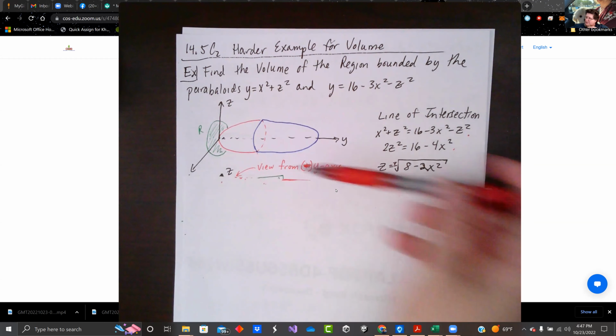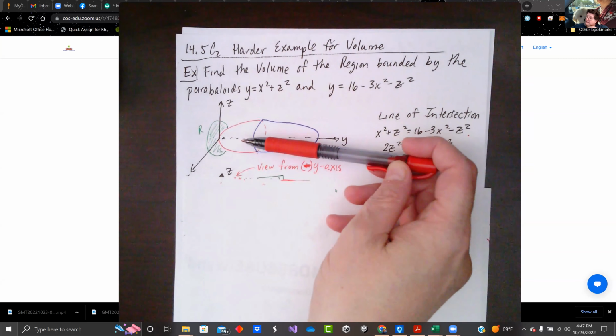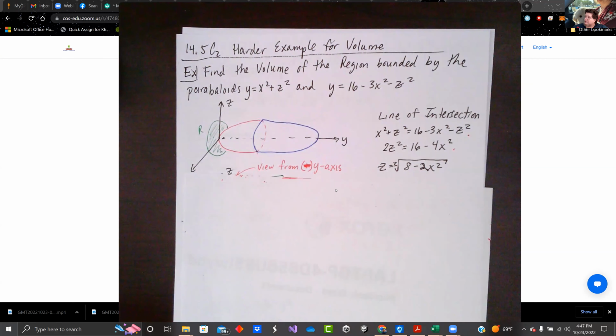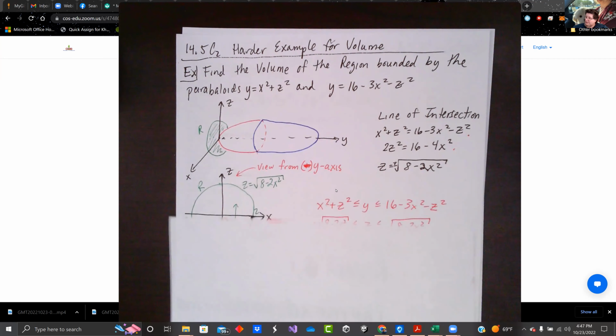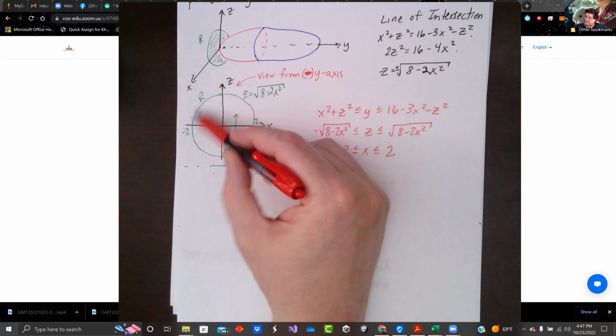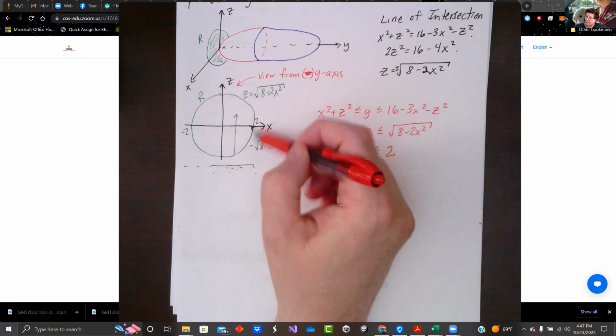Now, if we look down the barrel of y, we're going to see that this looks like a circle in the xz plane. So let's take a look at that to find our other limits of integration. Along the xz plane, we've got z equals the square root of 8 minus 2x squared. I can graph that in the xz plane.